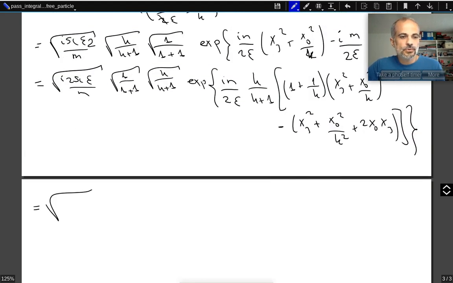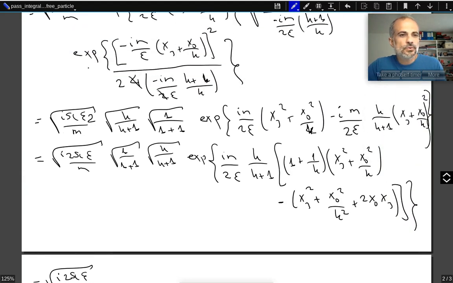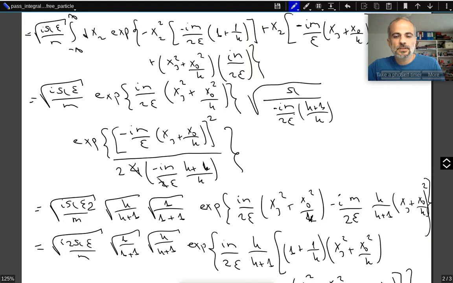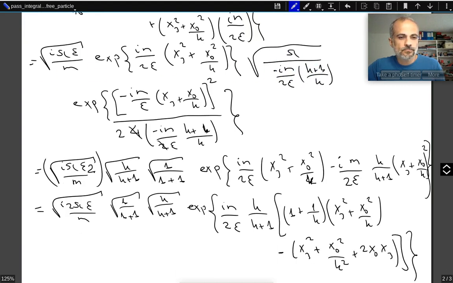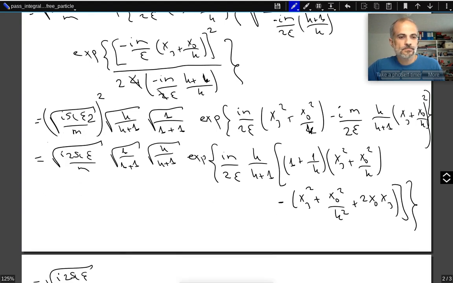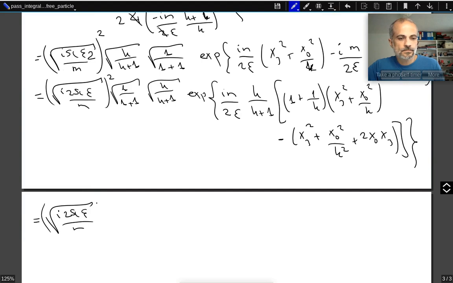This is equal to square root of i 2 pi epsilon over m. By the way, there are 2 factors of these. You see here there is another factor. So here this is 2 to the power 2. Then here we have n from 1 to 2, or 1 to k.